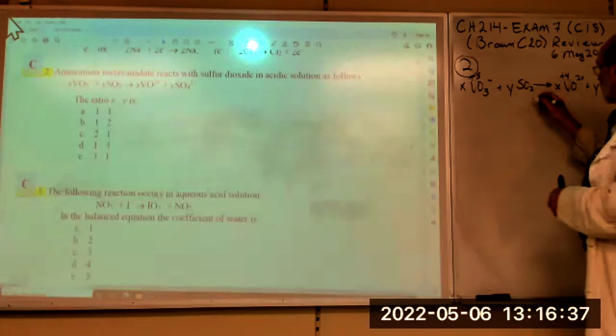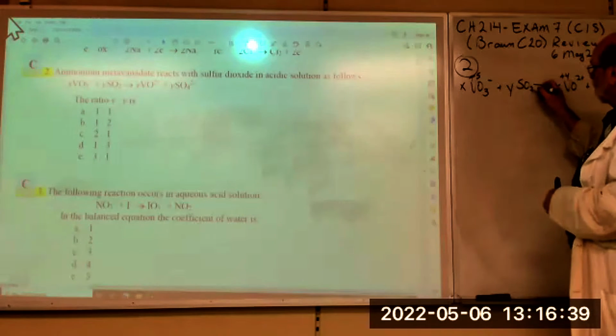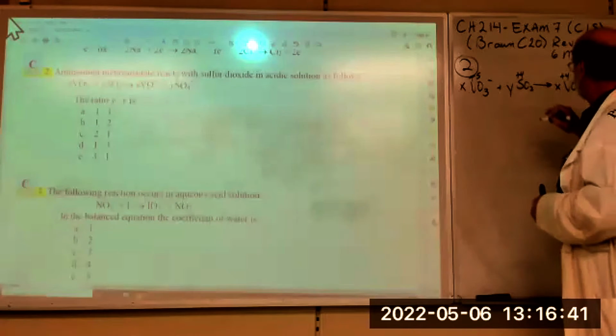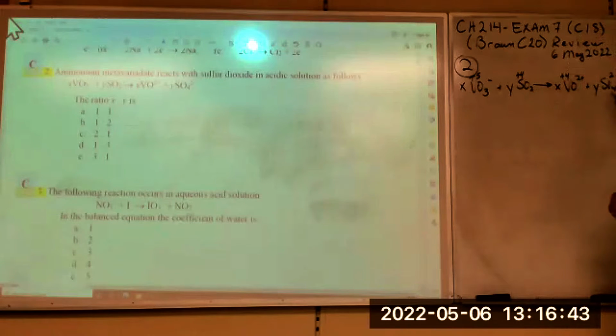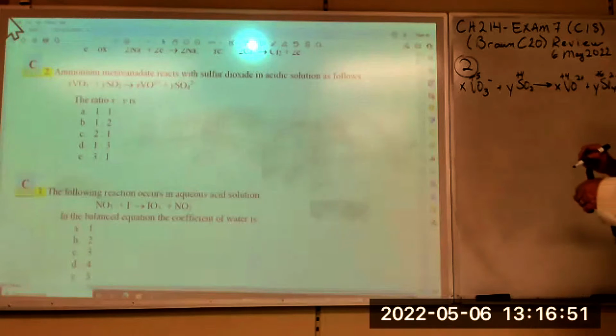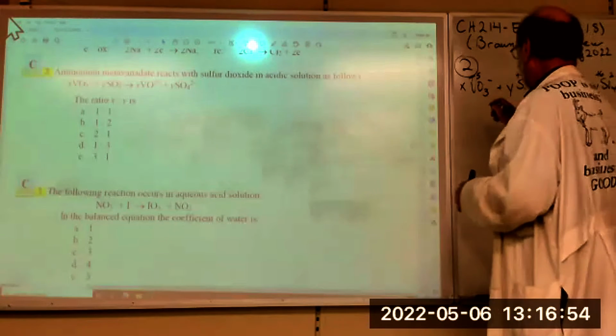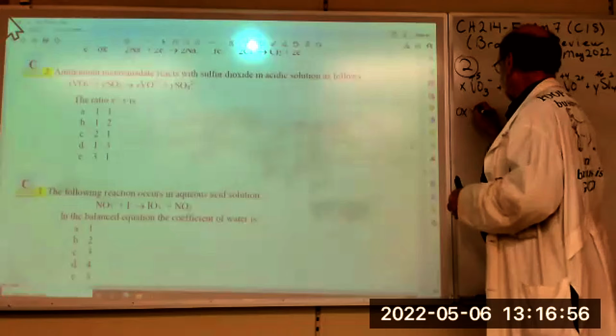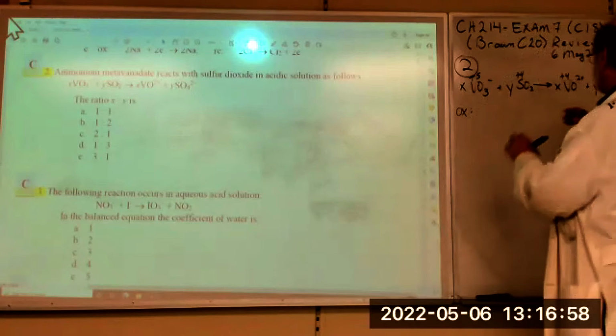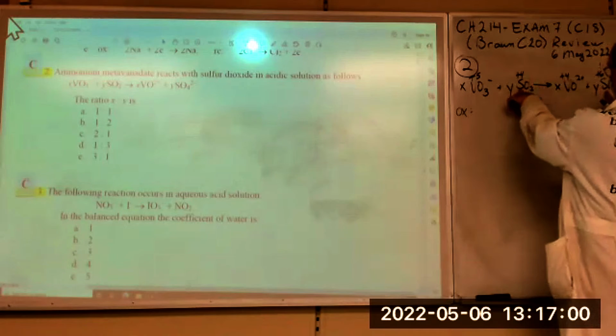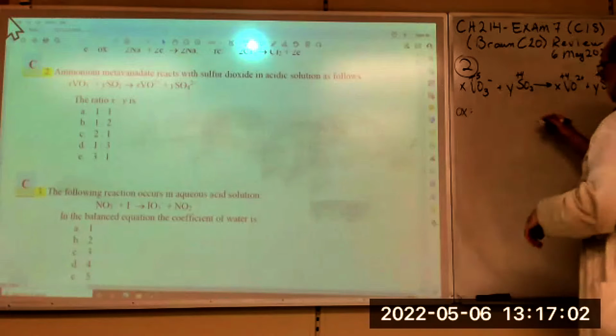Okay, now for the sulfurs. This is -4, so that has to be a +4. This is 4 times -2 is -8, but we hold out 2 of them, -6. That's a +6. Okay, so the oxidation step is going to be sulfur. Right?